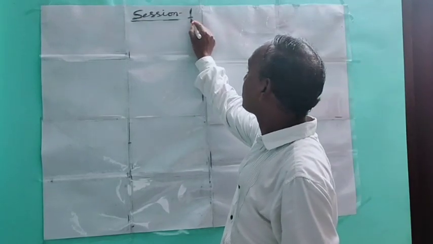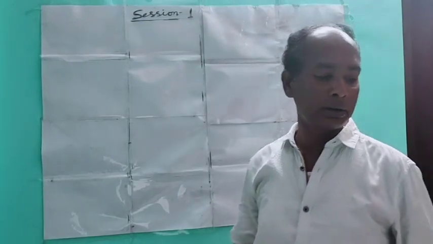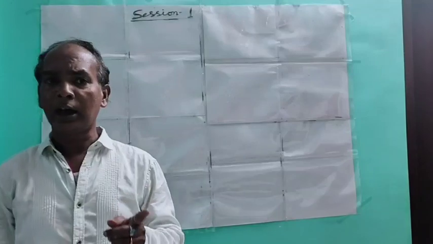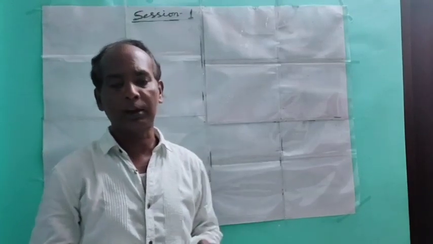I am going to explain to you about database management systems. What is a database management system? Before we go to the database management system, I explained in the first session, in the first term, about the database.